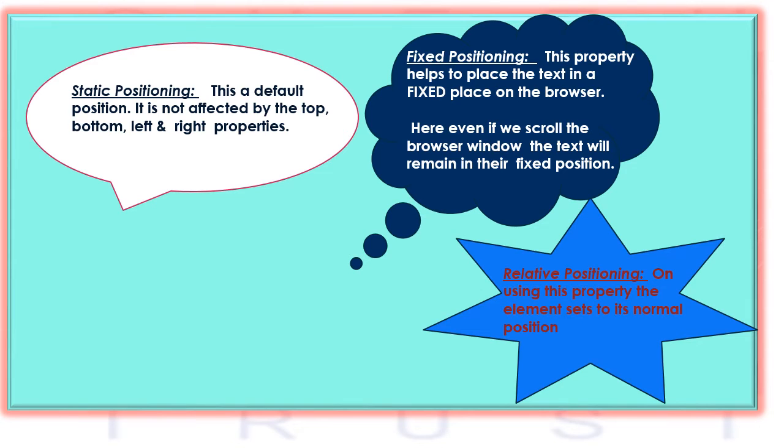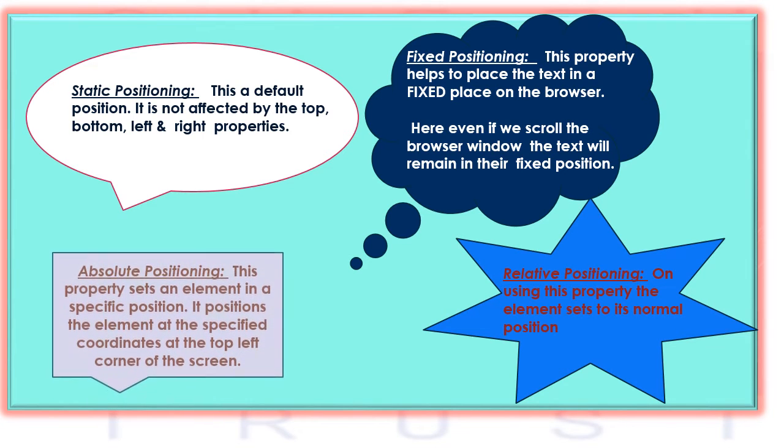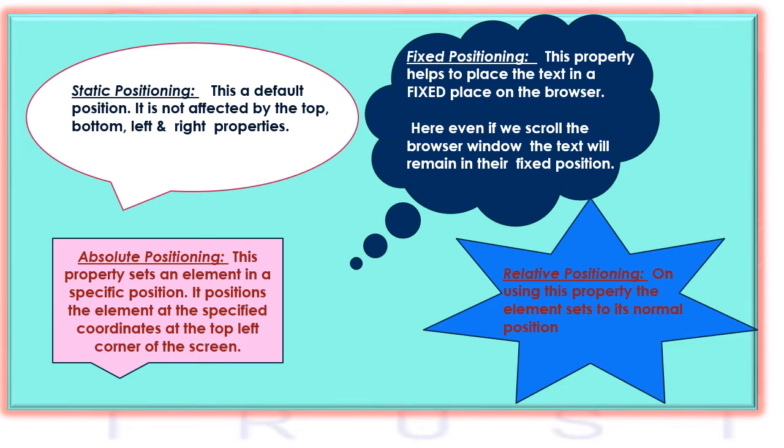And the last one is absolute positioning. In absolute positioning, you can give specific coordinates for the element where you are using absolute positioning. In the next slide, you can see the examples of positioning in CSS. So let's go to the next slide.